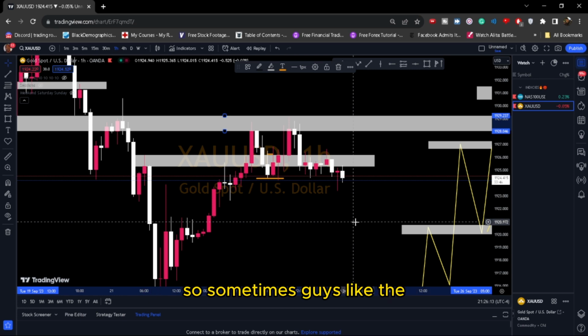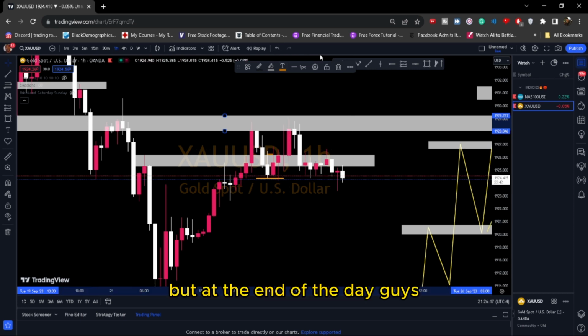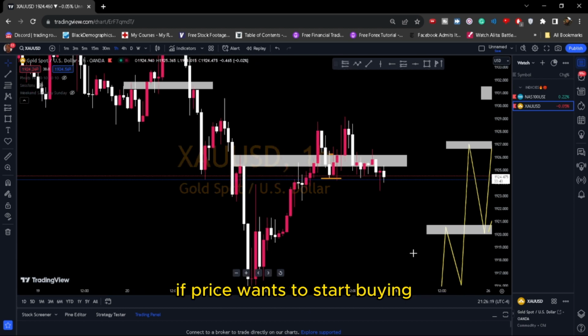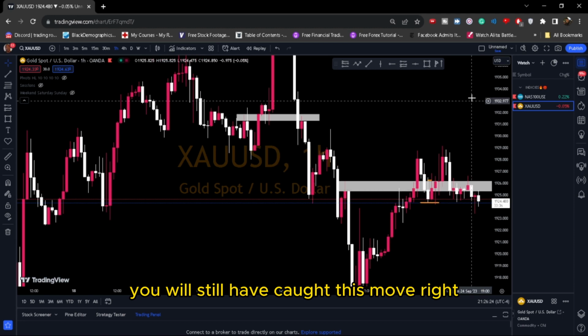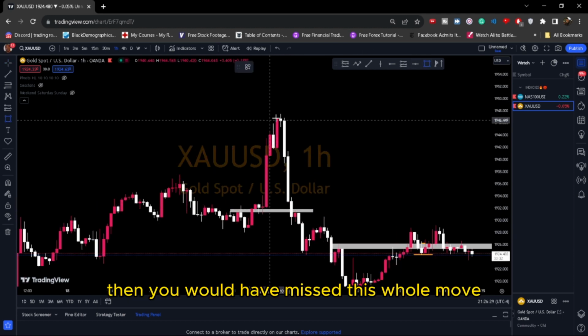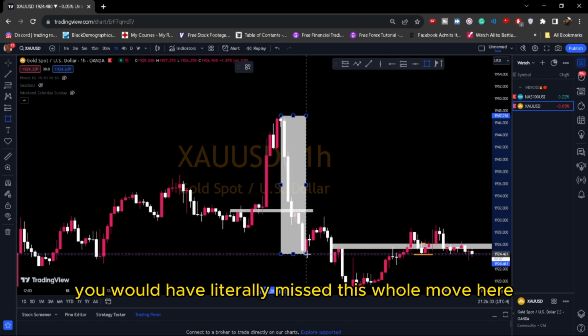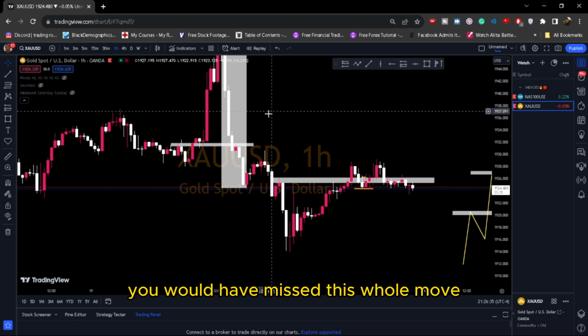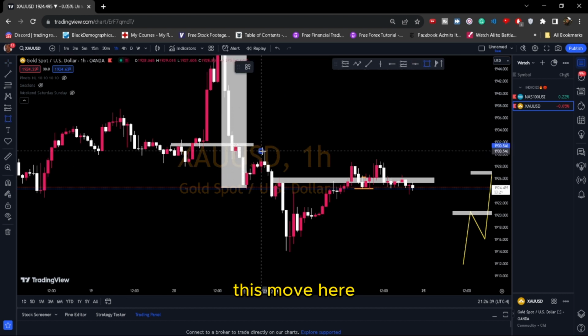So sometimes the 1 hour time frame analysis does have its disadvantage, but at the end of the day, if price wants to start buying or selling, you will still catch the move. Notice how it bought here, you would have missed this whole move, but you would have still caught this move here.